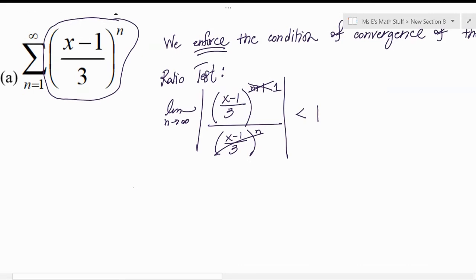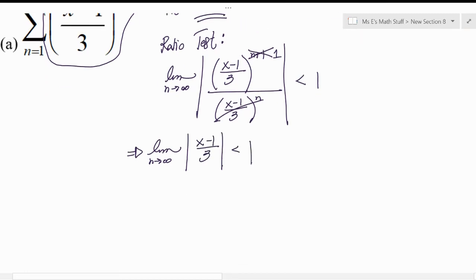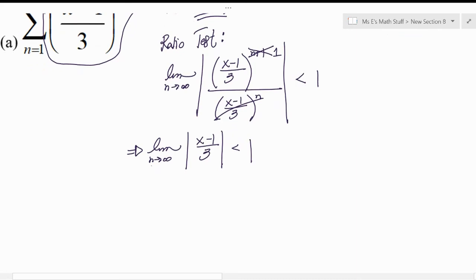So what would we then have? This would yield the limit as n approaches infinity of the absolute value of x minus 1 over 3. And then we're forcing this to be less than 1. Now, fun fact, if n goes to infinity and there's no n in your expression, then as far as this limit is concerned, your expression is a constant.